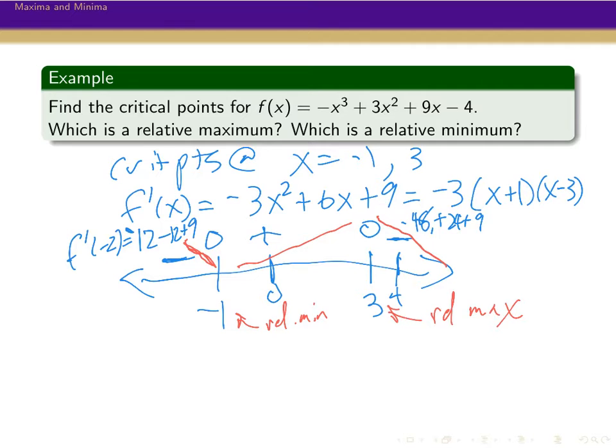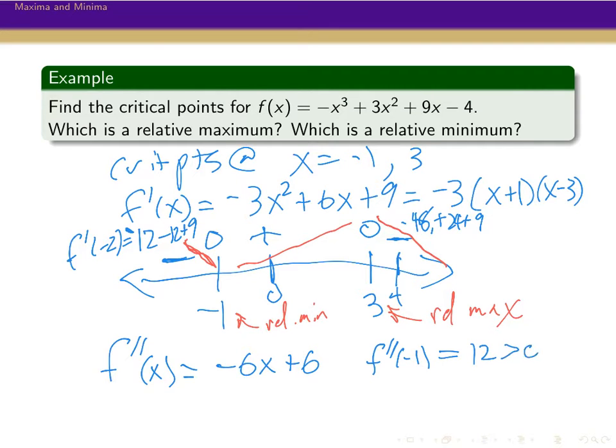Okay. And if we wanted to use the second derivative here, if we take the derivative again, that would be minus 6x plus 6. When we plug in minus 1, that would be 6 plus 6, which is 12, which is greater than 0.